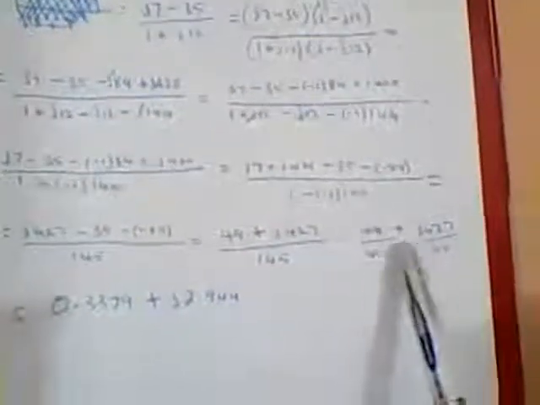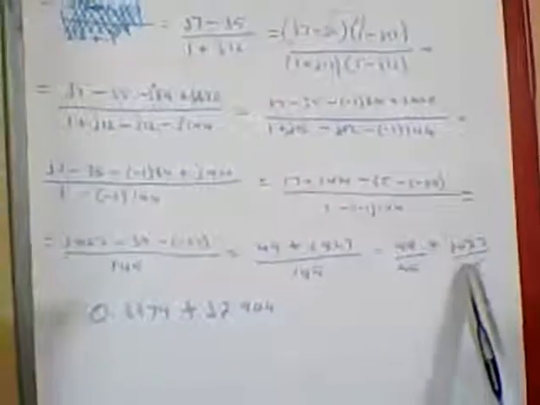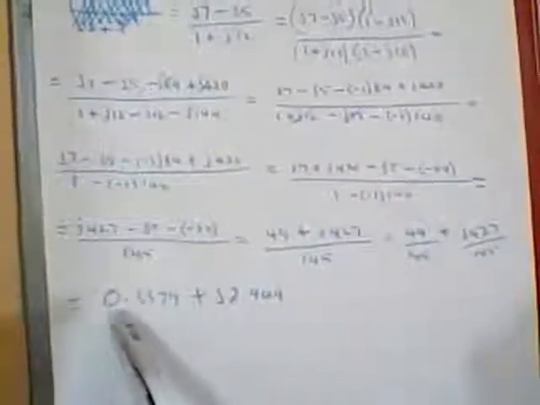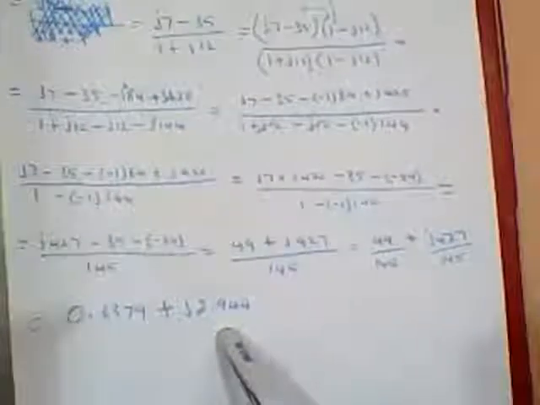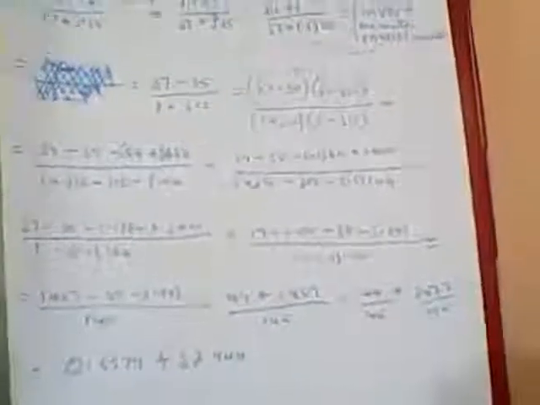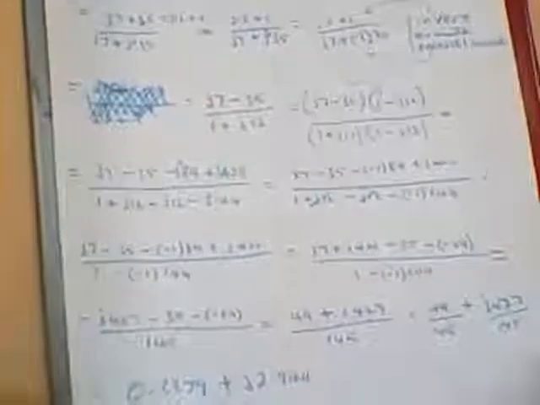Now here we then have 49 over 145 plus j427 over 145, and then that gives us our end result. Now, I haven't written this out neatly because I wanted to show you how you actually have to do some work at times for yourselves so you can find the concept.